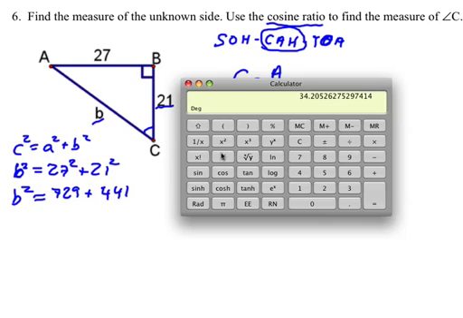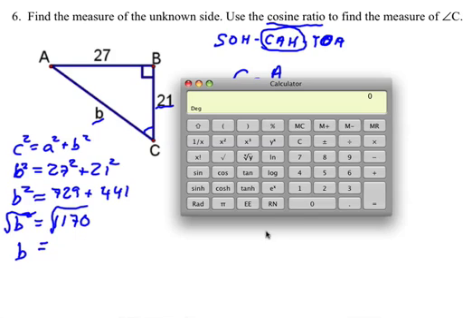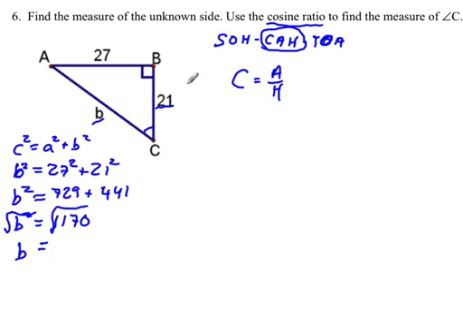And we take the square root of 1170 and it's 34.2. So B squared is equal to 1170. The square root is approximately equal to 34.2. And so this is the value of our hypotenuse. And so we sub that in for h.